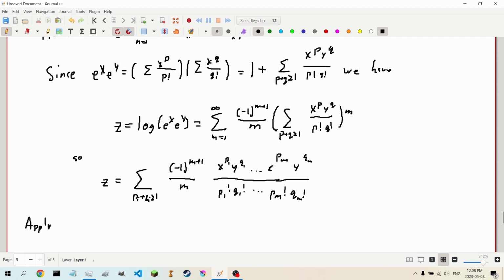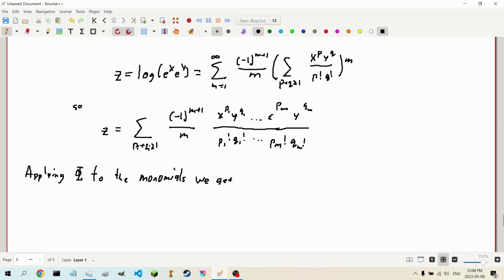Now applying our previous capital theta to the monomials, we get that capital theta of x to the p1, y to the q1, multiplied all the way through to x to the pm, y to the qm, is equal to the composition of the adjoints of x to the p1 times the adjoint of y to the q1 times, through to the adjoint of x to the pm times.